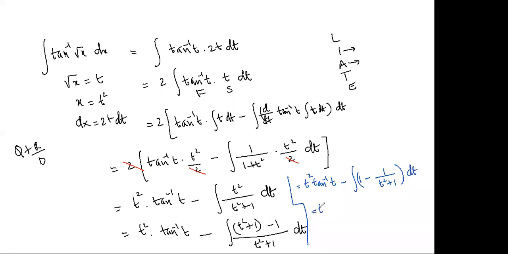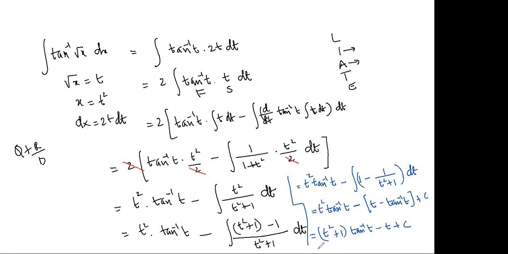That became t square tan inverse t minus integral of 1 dt, integral of this is tan inverse t, plus c. Now wherever t is there, replace it by root x. You can combine these both. So I'm going to write t square plus 1 into tan inverse t minus t plus c. Is it okay?